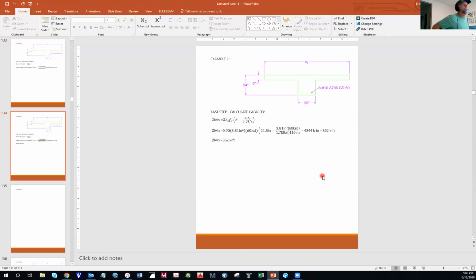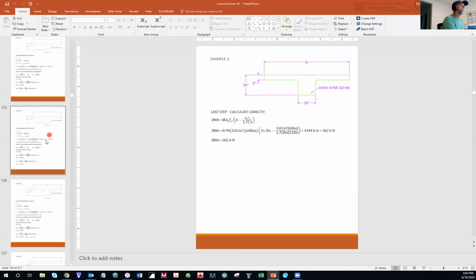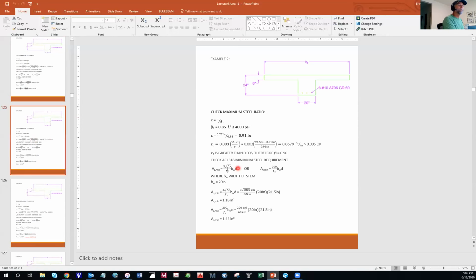So let me rephrase it, or let me just state it one last time. For a T-beam, if you have positive bending, so the top is in compression, the bottom is in tension, like we've been doing in all of our examples, then the B sub W that goes into these minimum steel equations right there and right there is the width of the bottom.